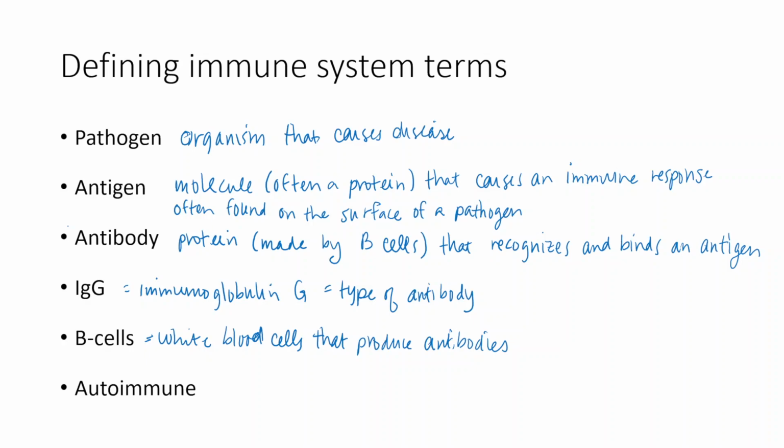So what does it mean to be autoimmune or have an autoimmune response? Yeah, so that would just be an immune response. So the key word here is auto. So what does auto mean? Self. So what would it mean to have an autoimmune response? Yeah, it's when your immune system attacks yourself. Exactly right.